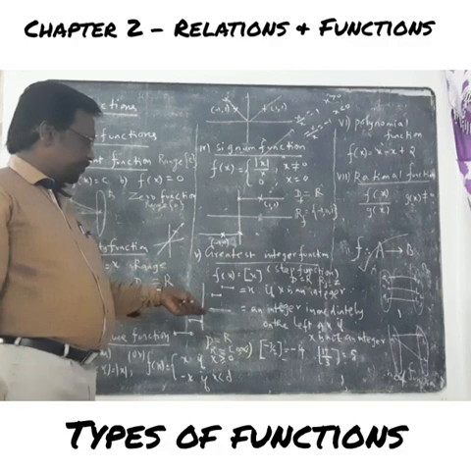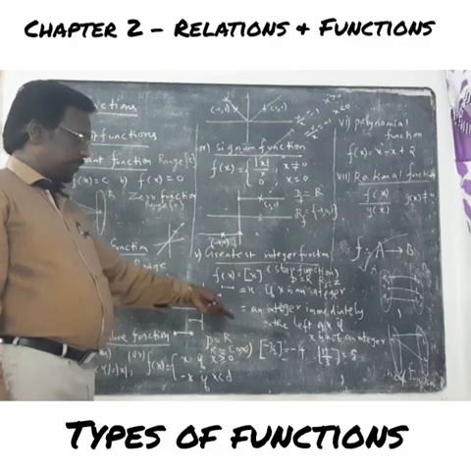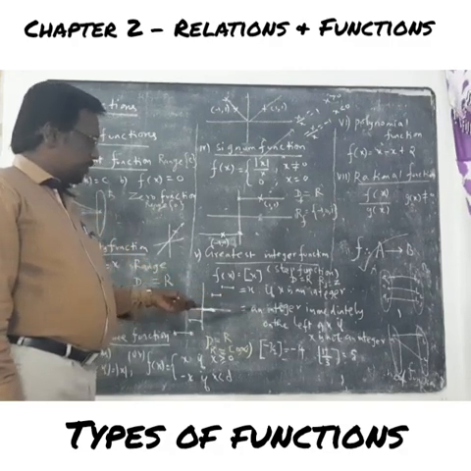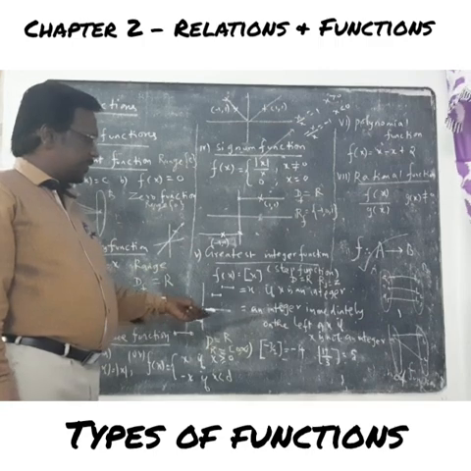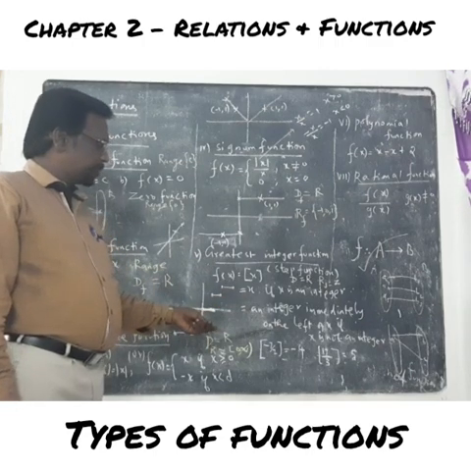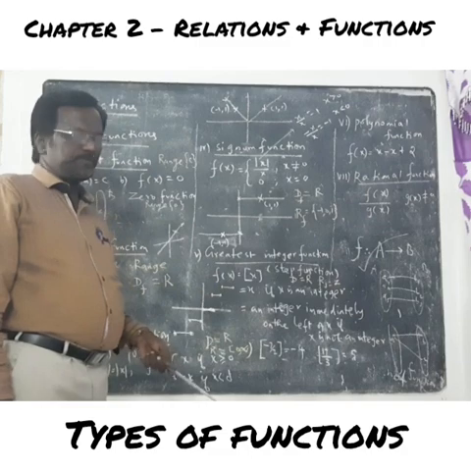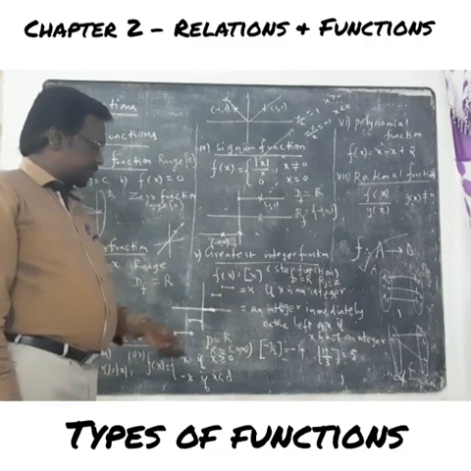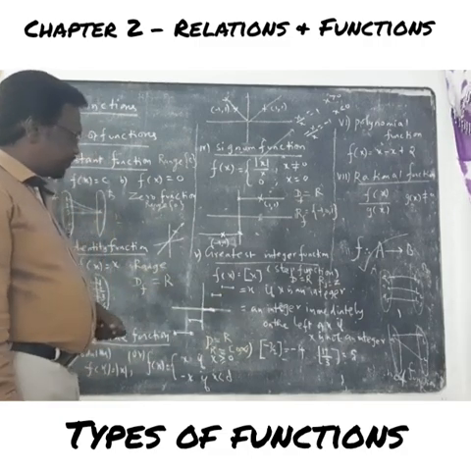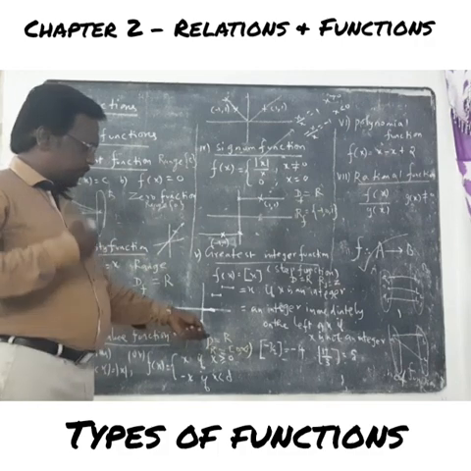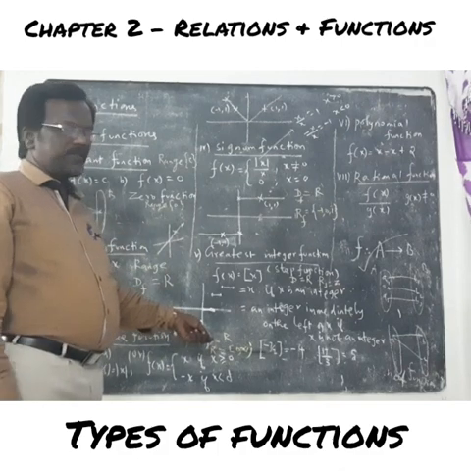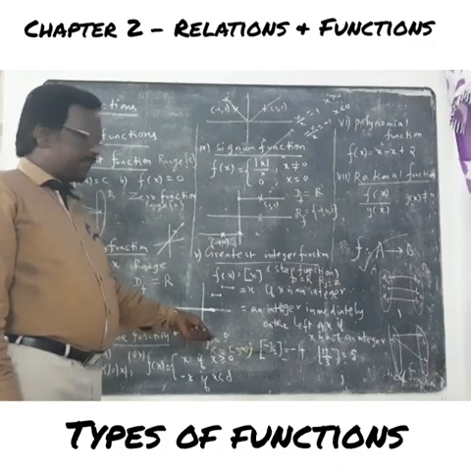Suppose x is not an integer. What is the value of f of x? It is the integer immediately on the left of x. Suppose x is equal to minus 7 by 2. What is the image for x equal to minus 7 by 2?